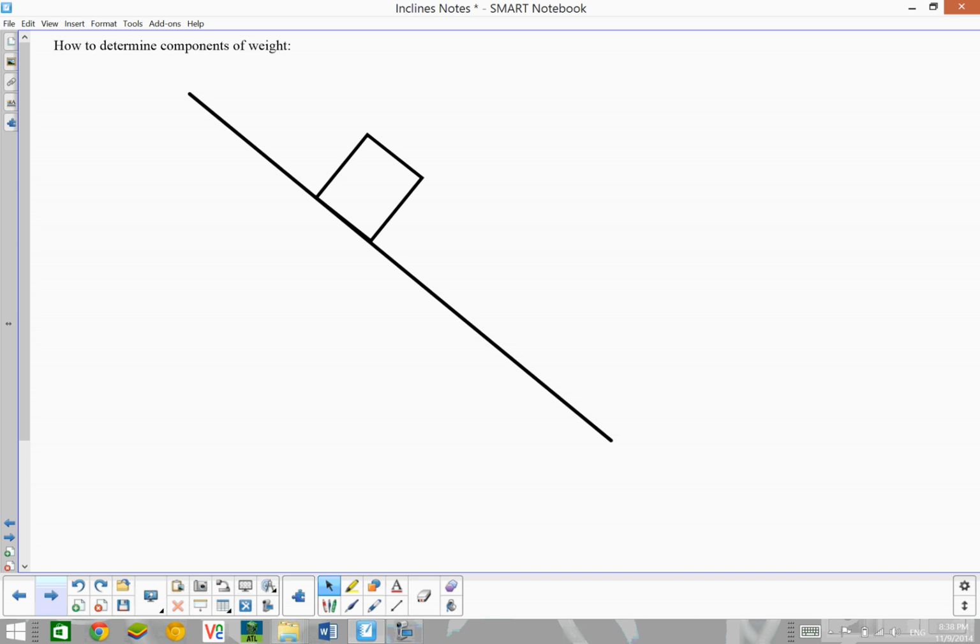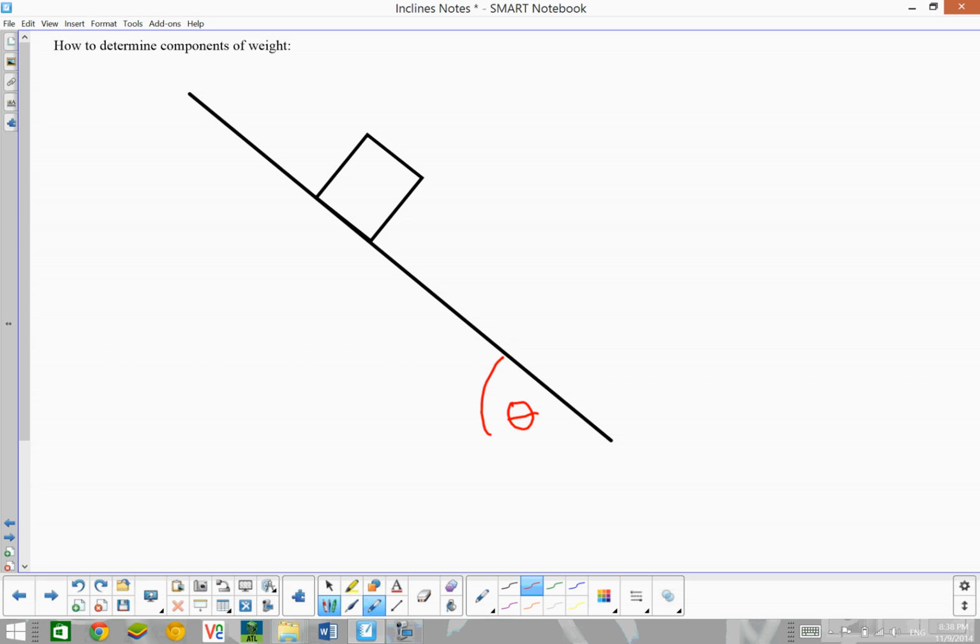So I'm going to draw a free body diagram of an object on an incline, and this is going to be a little bit more exaggerated than what we would usually see. I want you to be able to see the forces pretty clearly, so I'm going to make this a pretty large angle theta. I'm not going to put any numbers in, but that's probably almost 45 degrees.